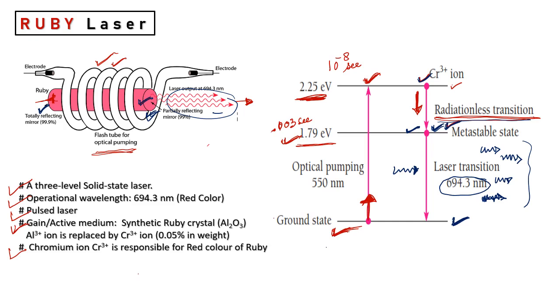Through radiationless transition they come to the metastable state, and the moment we achieve the population inversion, we get more and more photons through stimulated emission. These photons are reflected back and forth between the mirror ends of the ruby rod, and during that travel they stimulate more excited chromium ions to radiate further, and after a few microseconds we get a large, intense, coherent and monochromatic pulse in terms of the lasing beam.